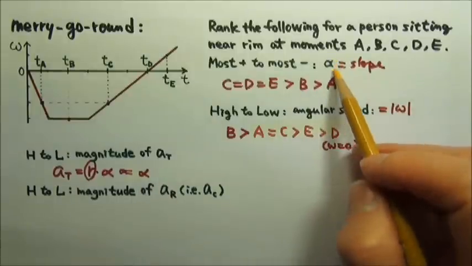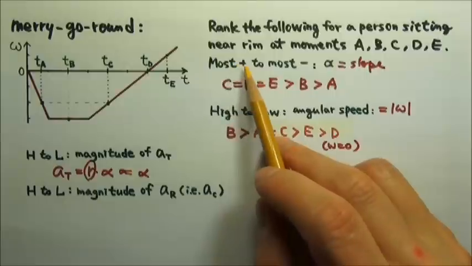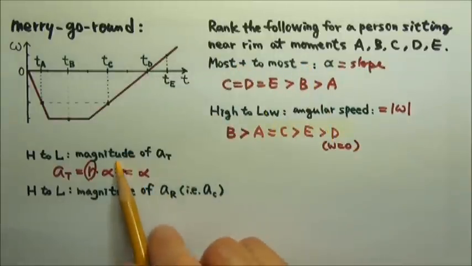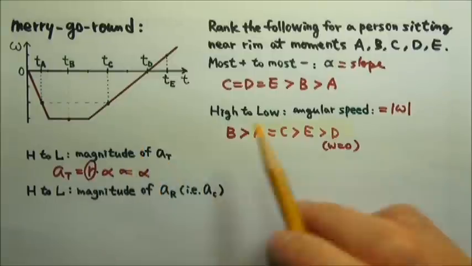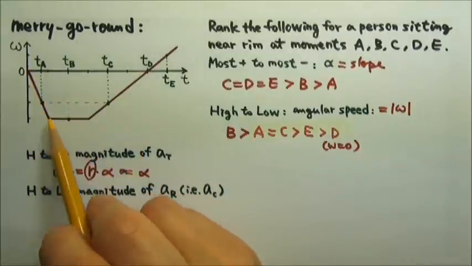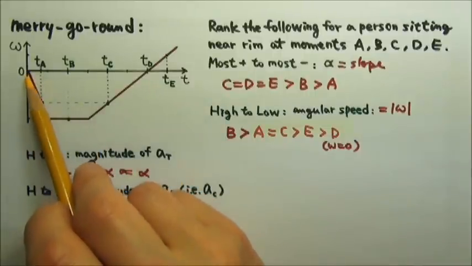The angular acceleration is the slope of the graph. Earlier we compared this including the sign, but right now we just want the magnitude. So we want to compare the magnitude of the slope. We don't care whether the slope is positive or negative. We just want to compare the steepness.